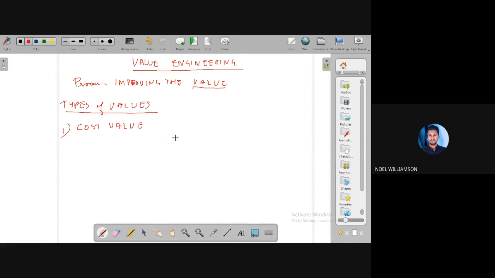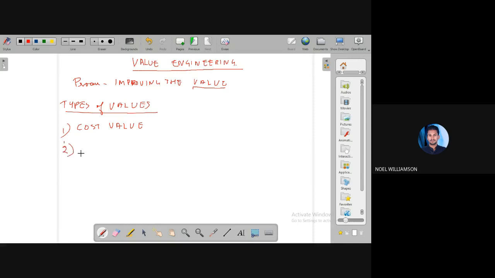How much cost will be used for purchasing a particular material, or how much to pay for labor, etc. These come under the cost value of the product. If the cost value of a particular product is high, that means the cost associated with the materials may be high, or the labor charges are high, etc.